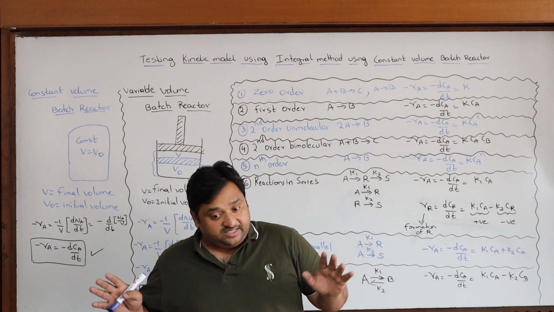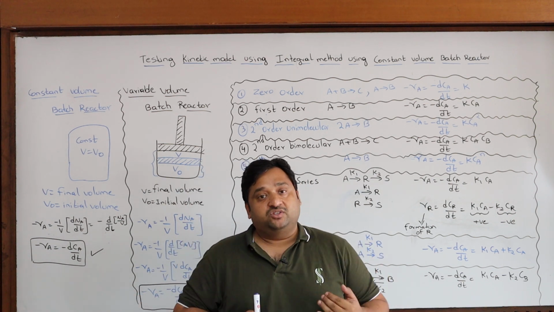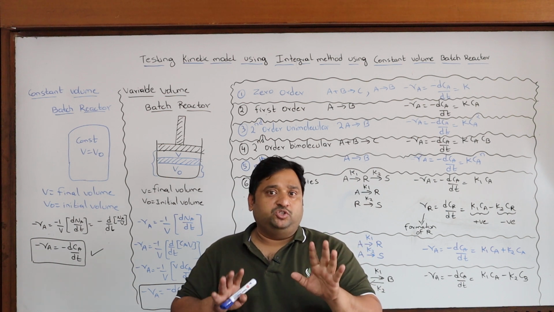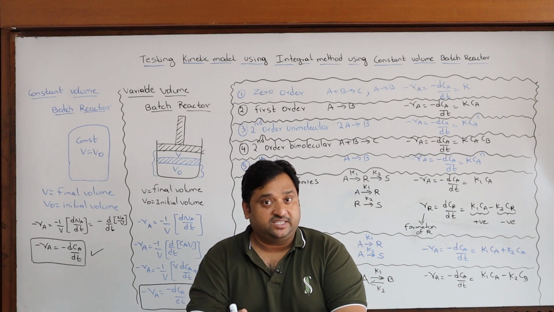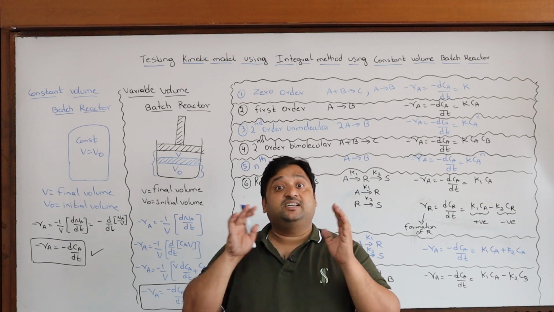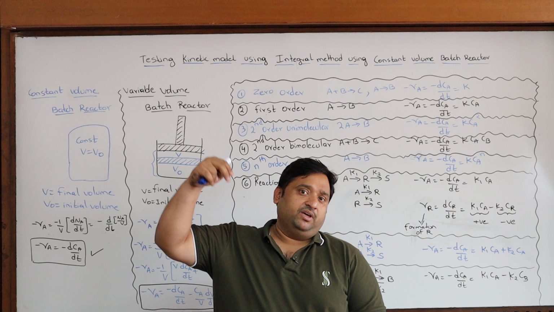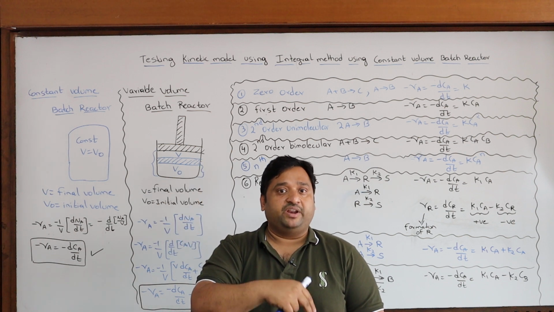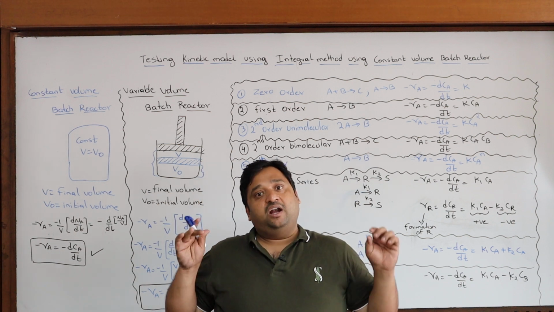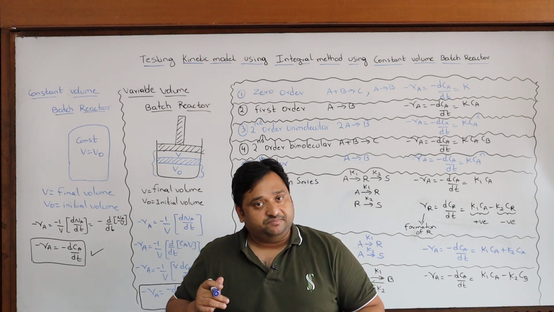In all the coming lectures, because you need to have some setup to test the speed of a reaction, that setup is nothing but a batch reactor. That means everything is closed; we put some molecules of reactant into the reactor and we start conducting the reaction.